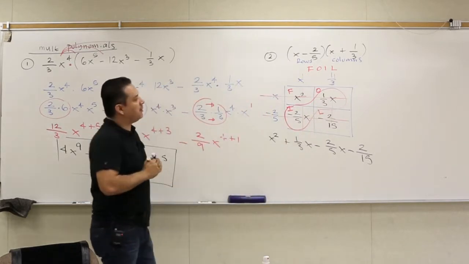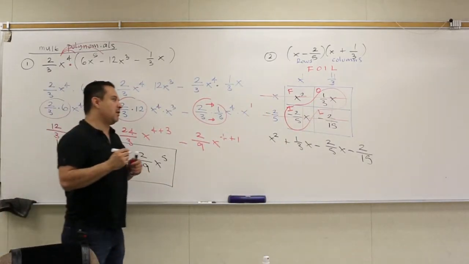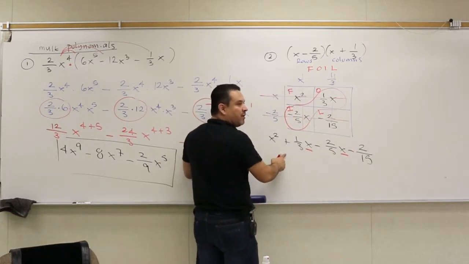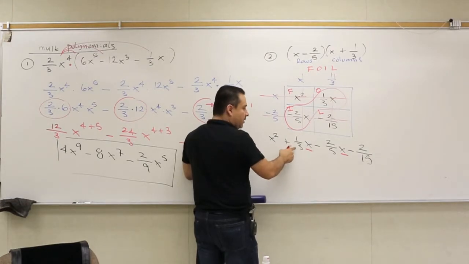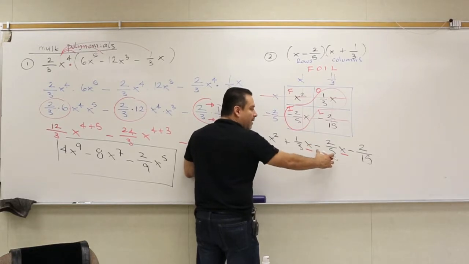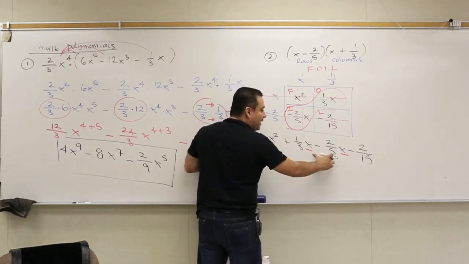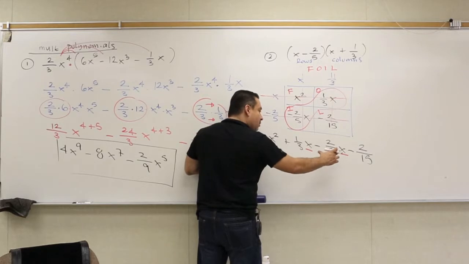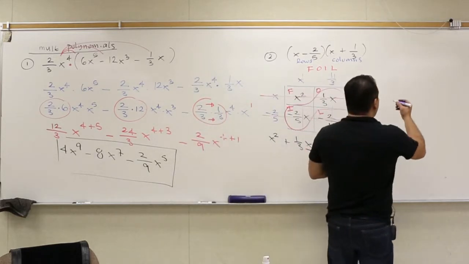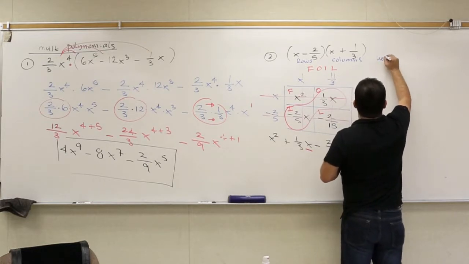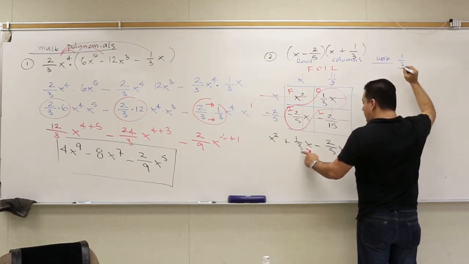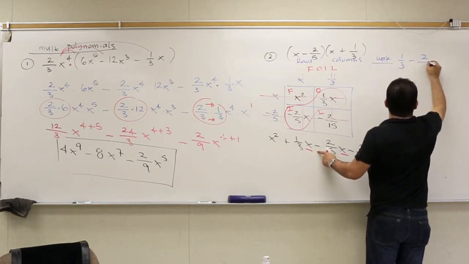My F term, my O term, my I term, my L term. Here's your FOIL again. Okay, so now you guys are going to notice we have like terms here in which we have to perform arithmetic with our what? With the constants, right? This is plus 1/3 and a minus what? 2/5. We're going to have to combine our like terms. So this is adding and subtracting polynomials. These are the only terms we can add. So I have some work to do, and the work consists of taking the coefficient 1/3 and subtracting what? 2/5.